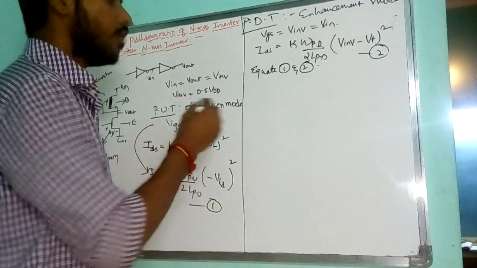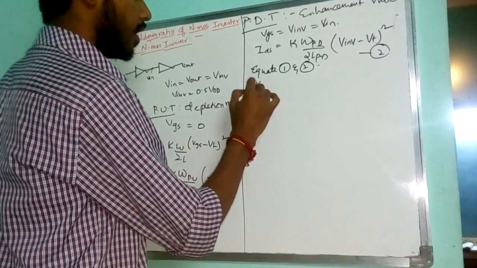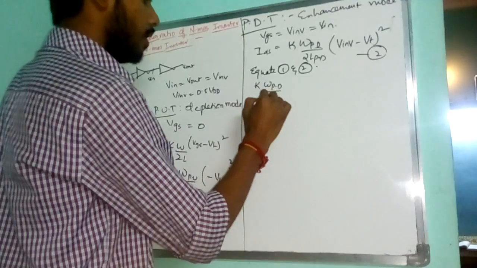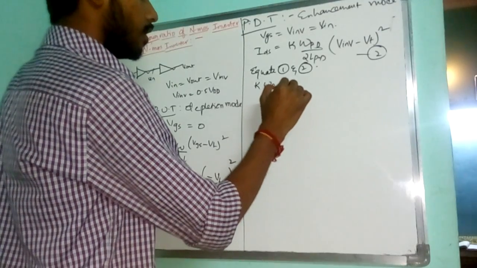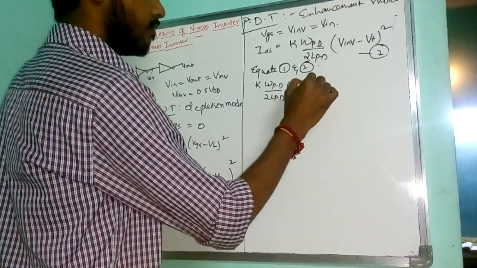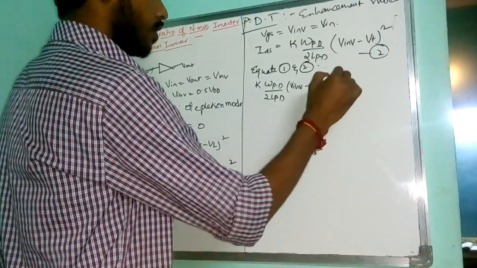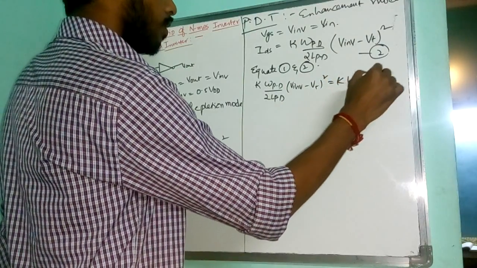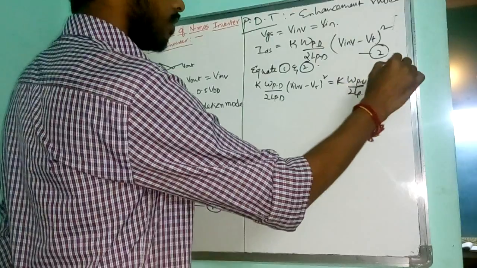So I am equating 1 and 2. I get K into W PD by 2L PD, V inverse minus VT whole square, is equal to K times W PU by 2L PU, minus VTD whole square.